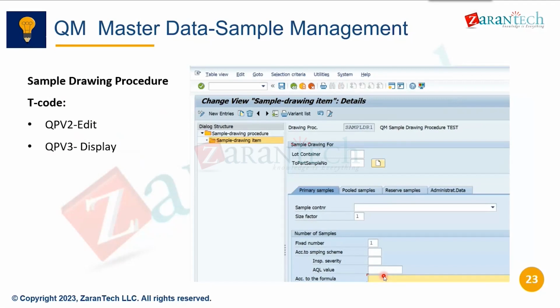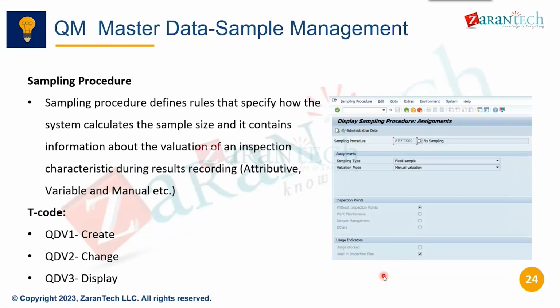So next is the sample drawing procedure, the sampling procedure. This is a very mandatory master data, where it plays a key role during your results recording. This sample procedure defines the rules for how the system calculates a sample, and here we also define how the valuation has to be done for that particular characteristic during results recording.